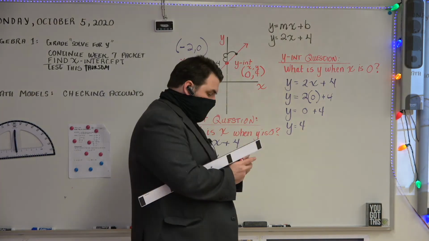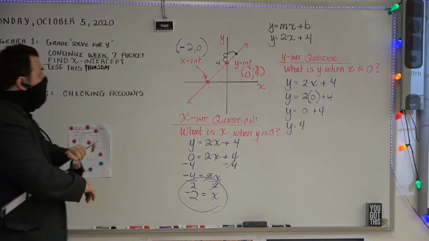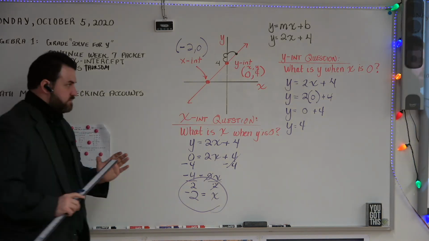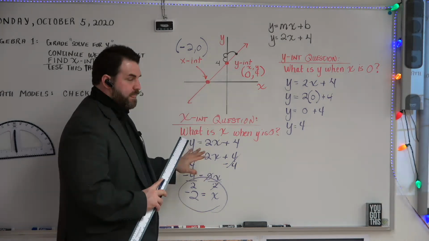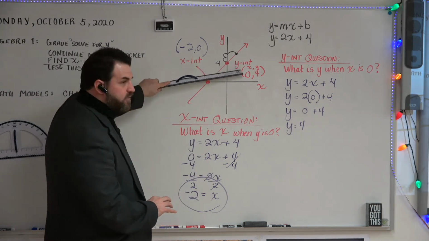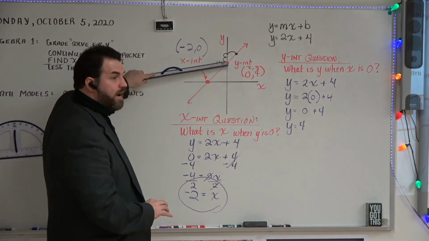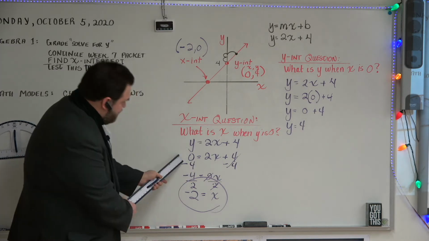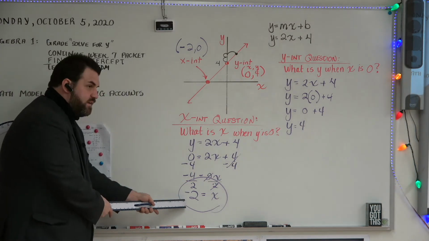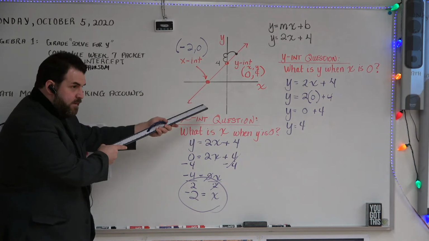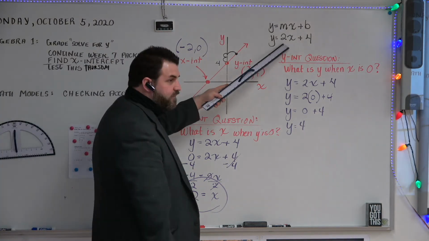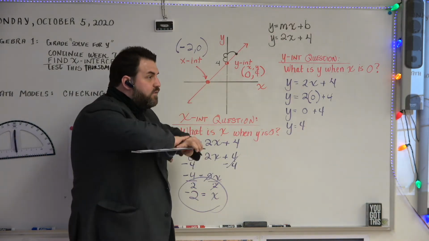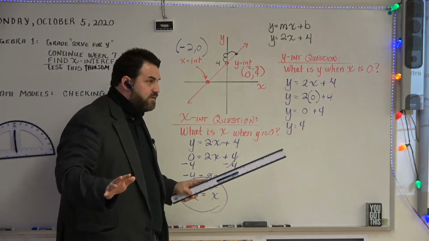We're going to do some more. It's okay. So, here's the good news. If you can master this, where you can solve for the y-intercept and make sure you know how to plot it on a graph, and you can then play this little game and solve for the x-intercept and plot it on a graph, and if you can identify the slope of a line, those 3 things, you can do 95% of all the problems on the STAR test.